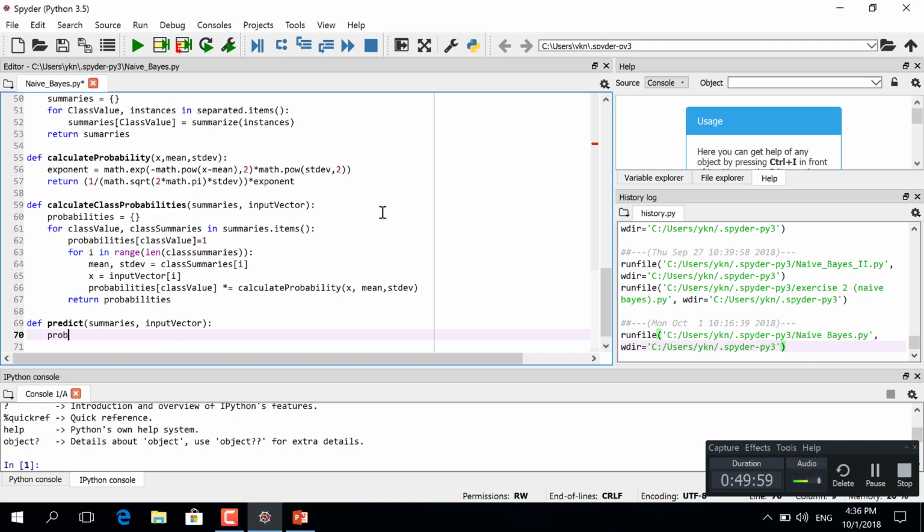First we compute the probabilities: probabilities equals calculate class probabilities as a function of summaries, comma, input vector.